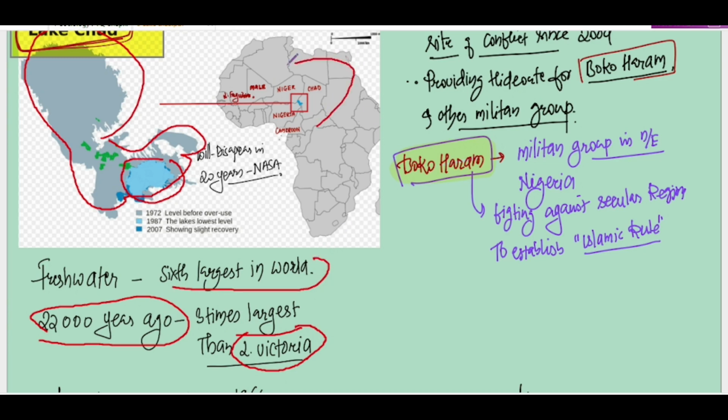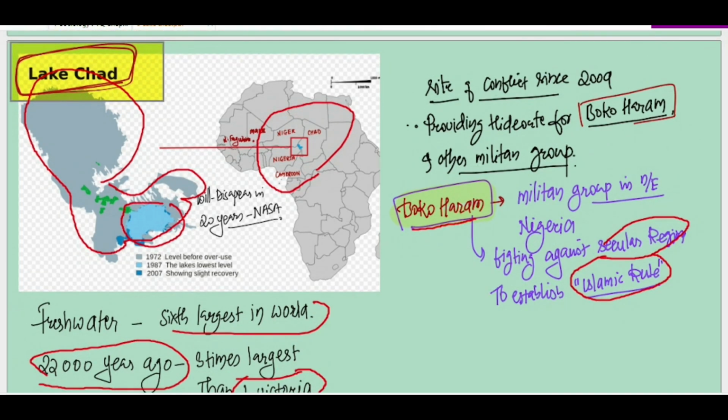Look at this lake. It is surrounded by 4 countries: Niger, Chad, Nigeria, and Cameroon. And in the vicinity, in north Nigeria, there is a famous terrorist organization or militant group known as Boko Haram, right? This militant group is trying to topple the secular government of Nigeria to establish Islamic rule, and it is difficult to track them down because the Lake Chad area is very swampy, full of bushes and trees and woodland, which provides effective hideouts for the militant group.